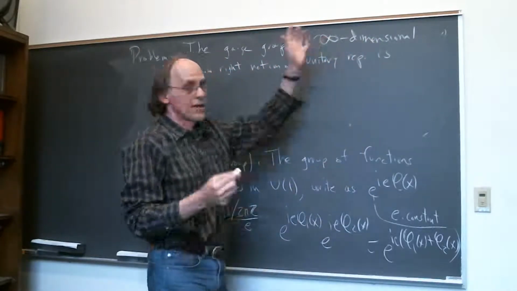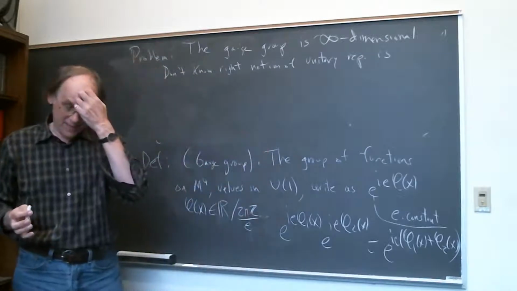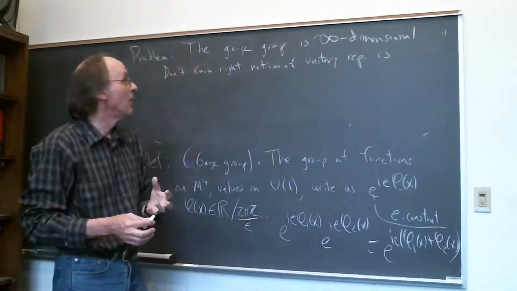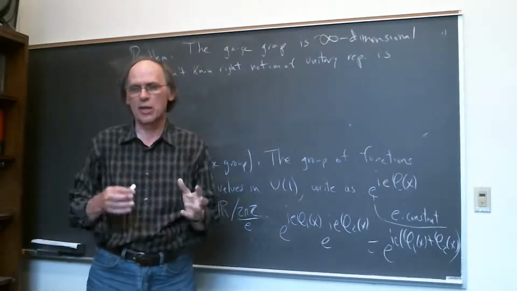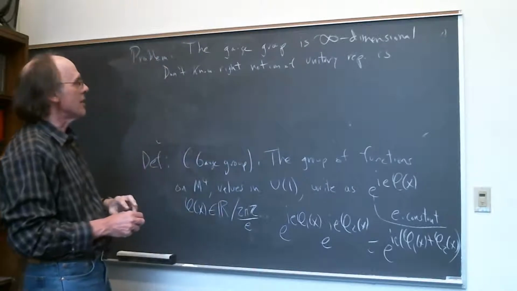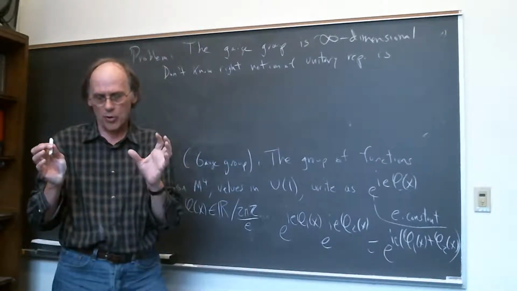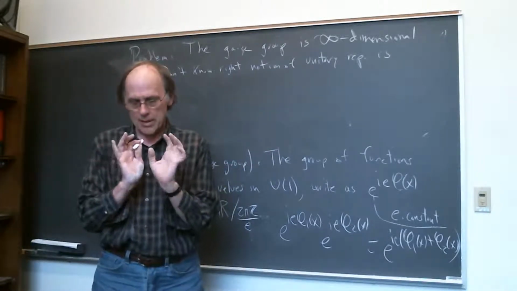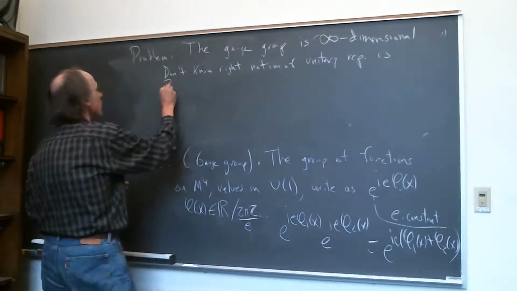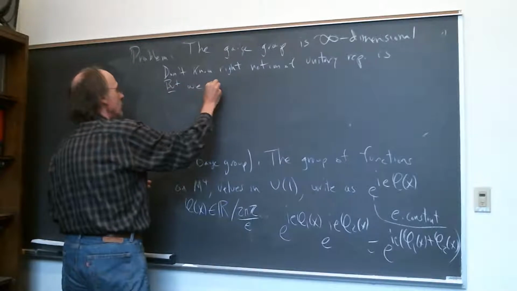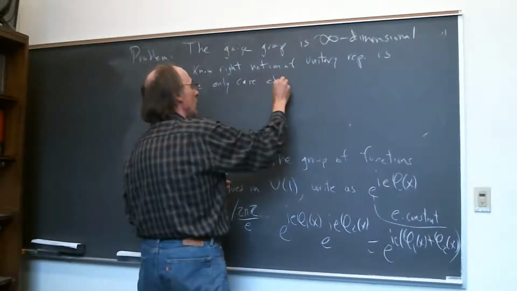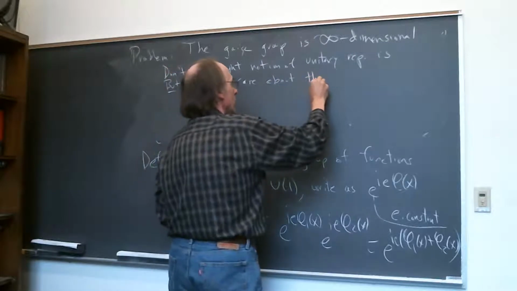So it's an infinite dimensional group, and you have to figure out what kind of representations you are going to allow. There's a long story, but it turns out for the basic things I'm going to be talking about, we only care about the trivial representation.